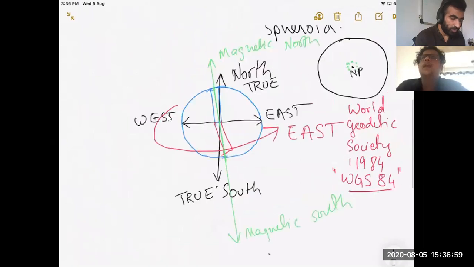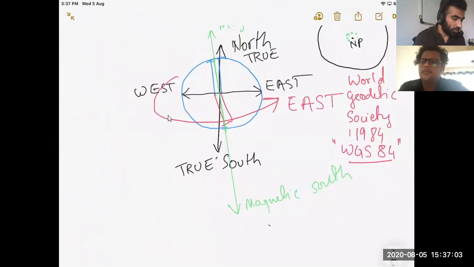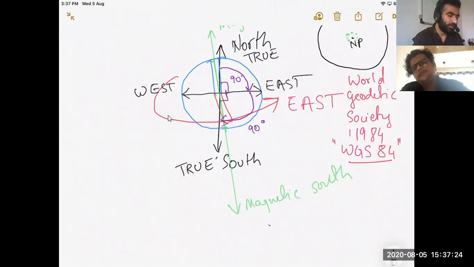Traveling from north clockwise, by the time I reach east, I travel an angular distance of 90 degrees. From east, if I further travel clockwise, I have traveled 90 more, so 180 degrees at south.